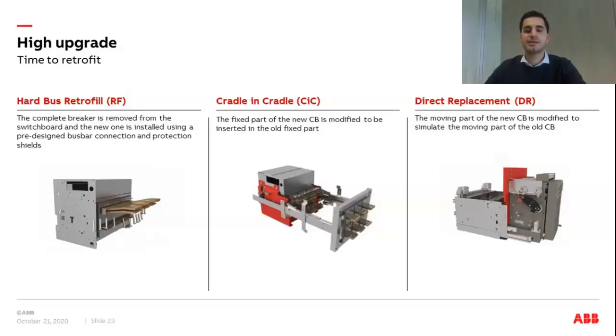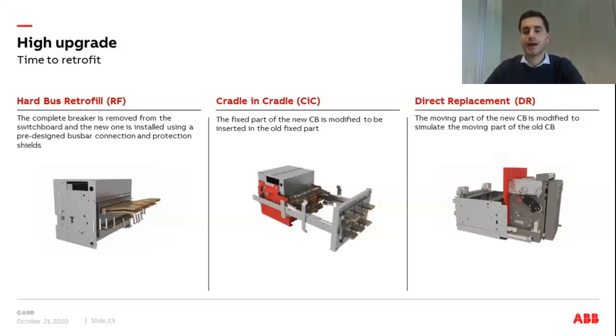In this case, there is a replacement of the moving part of the old device with a special, customized cradle of the new breaker that fits inside the existing cradle with its standard moving part. That's the reason why this solution is called cradle-in-cradle. It is suitable for withdrawable devices, as mentioned before, and the time to install a cradle-in-cradle is more or less 1 hour and a half.